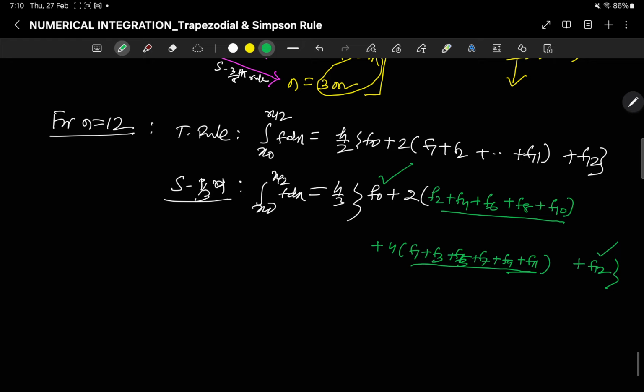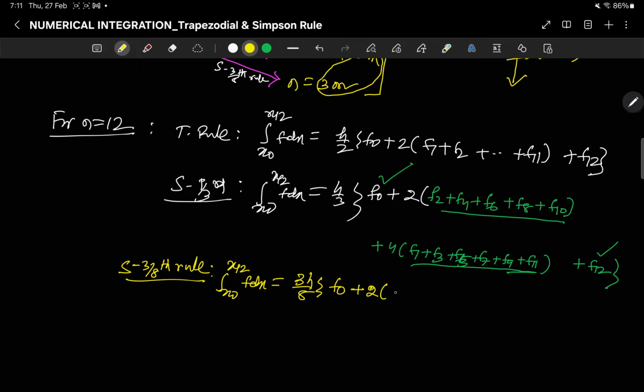Likewise, for your Simpson's 3 by 8 rule, it will be 3h by 8. First one is single f0, and 2 times the multiples of 3, meaning f3, f6, f9, and 3 times the remaining 1, 2, 4, 5, 7, 8, then 10, 11, and the single is the last one f12.